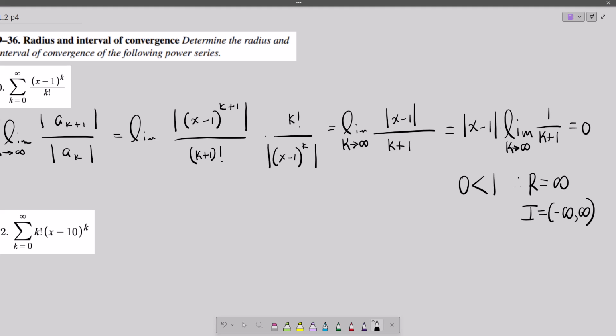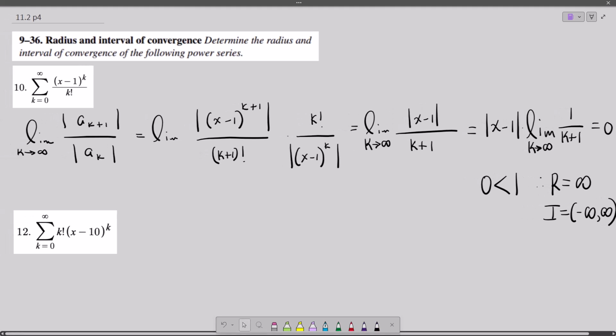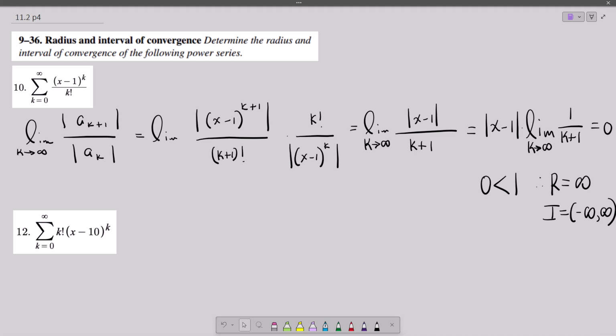If you want to write a few terms of this series, x remains the same. X is a variable, so you could plug in any x you want. For example, if I want to write a few terms of this, I decide my x is 5, and then I just change the k. Well, if you were going to write out a few terms of this series, this is what it would look like.